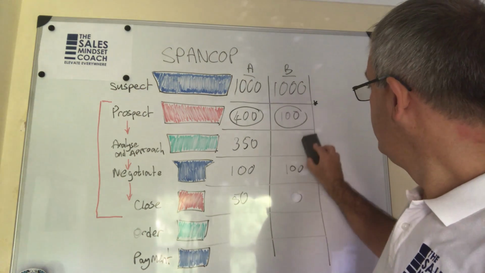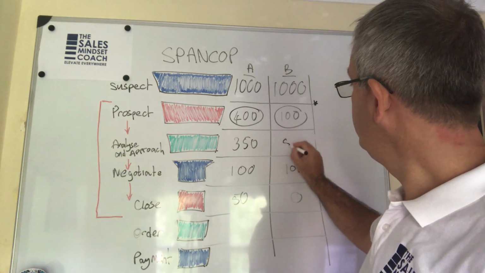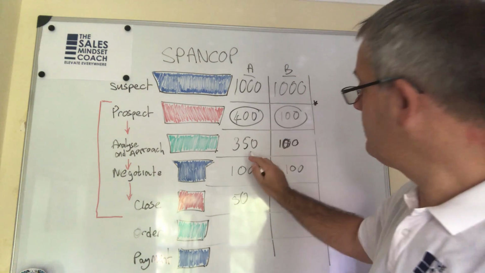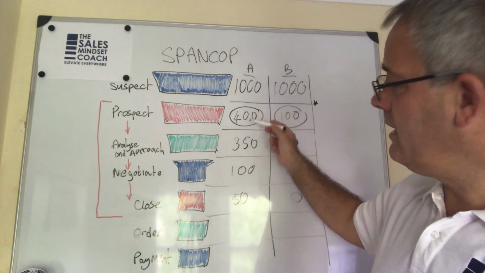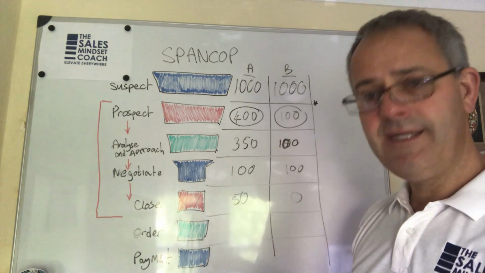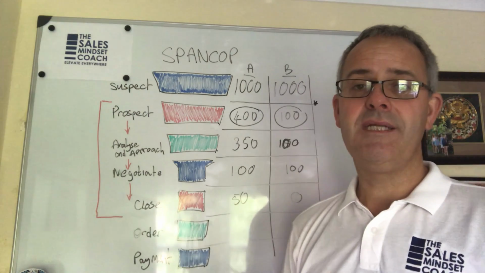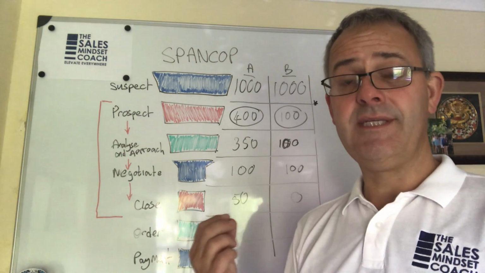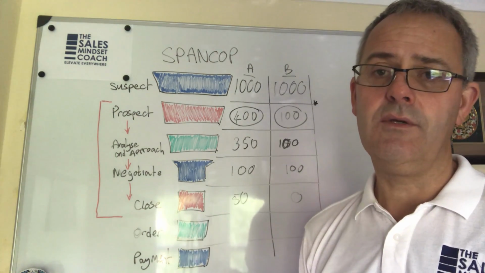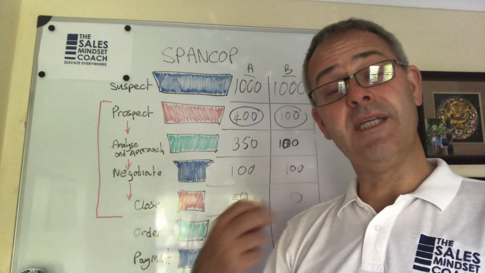So think about in this phase, are your questions prepared? Are you going into that meeting with real clarity about what you're going to ask, so you can establish the needs?